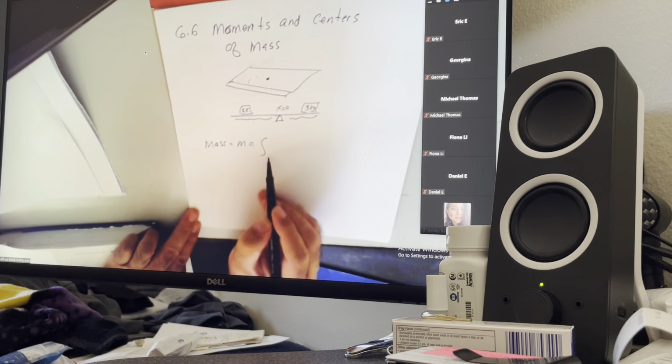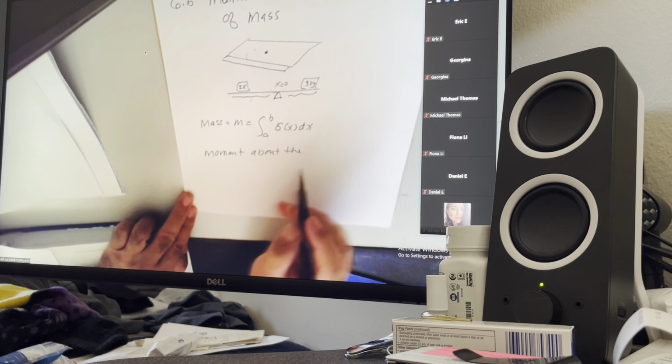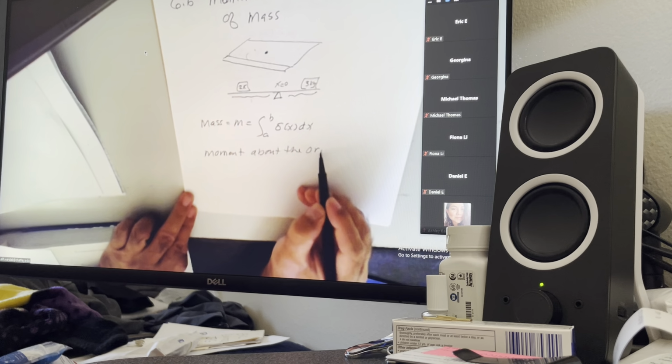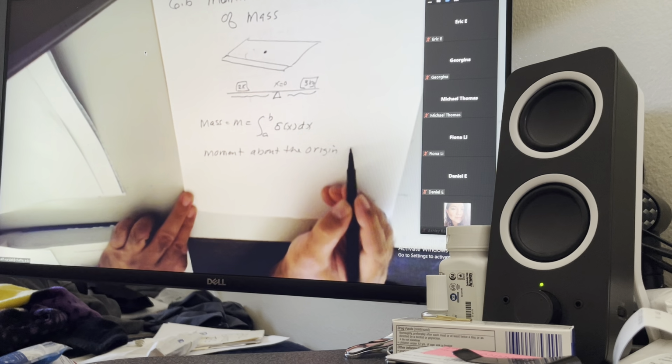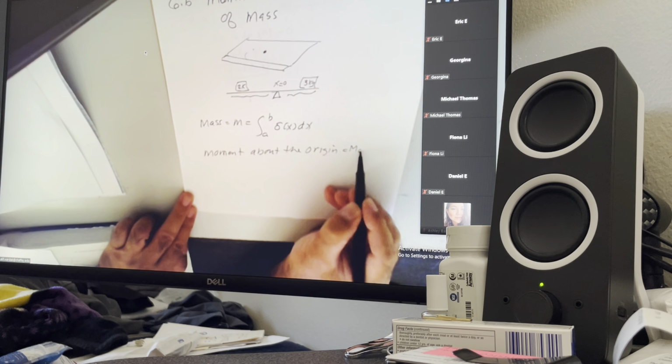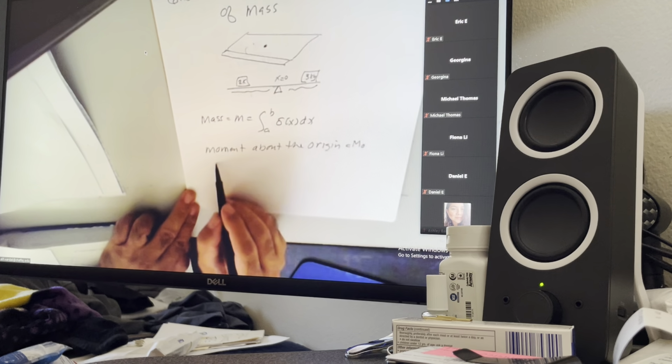So the moment about the origin, because we want to know where exactly the middle is, we call M sub O. So M sub O equals the integral from A to B of x times the thickness or density times dx. So that's one formula. This is another formula. Out of these two, they will allow us to find the center.